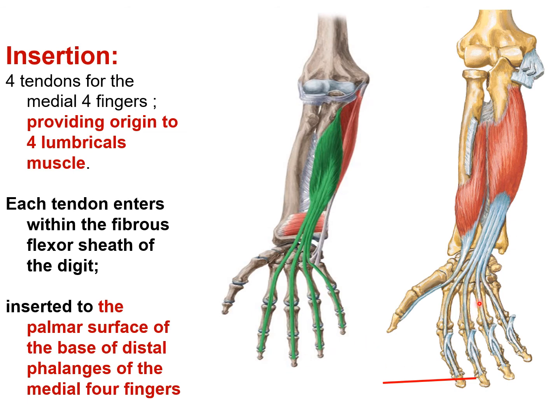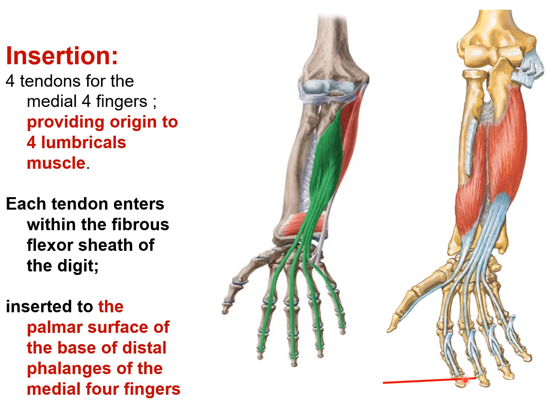So, if we appreciate again, the flexor digitorum profundus tendon divides into four tendons for the medial four fingers, and it gets inserted onto the palmar surface of the base of the distal phalanx of the medial four fingers. It appears to pass through the perforated tendon of flexor digitorum superficialis.